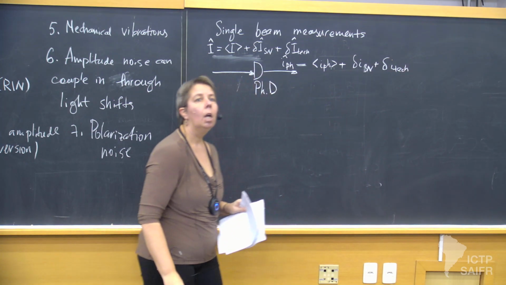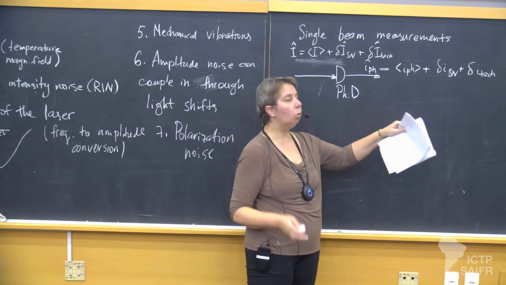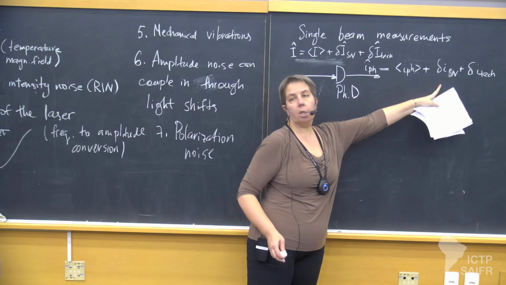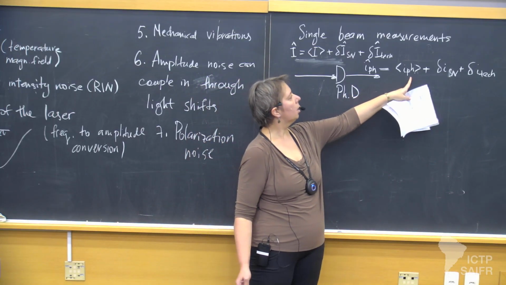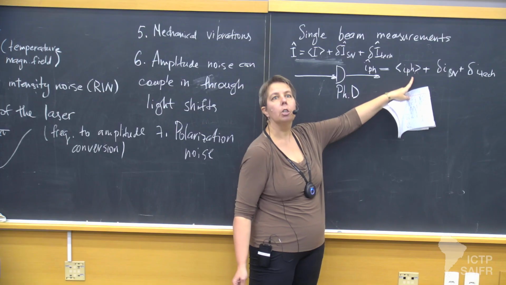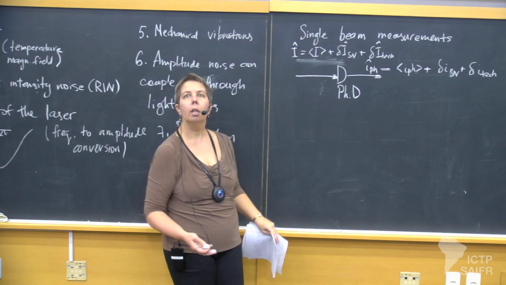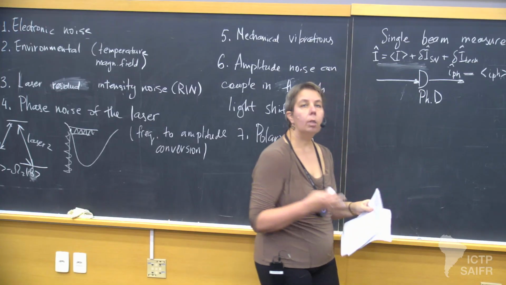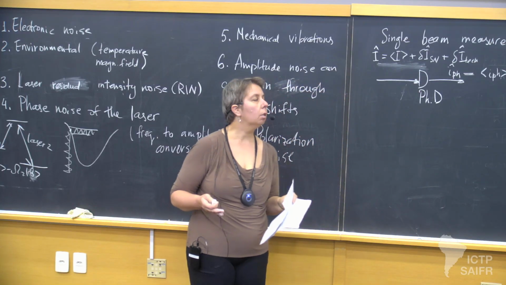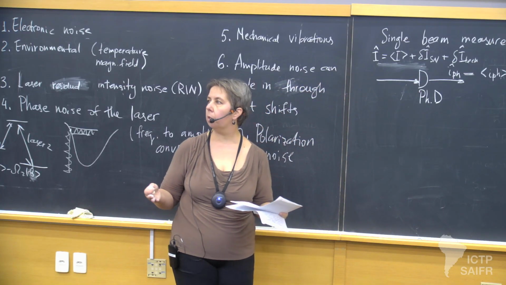And as many of you point out, if we just measure this, you cannot say which one is which. And of course, if you have a signal that produces a really small change in our average current, and it's smaller than the noises, well, bad luck.